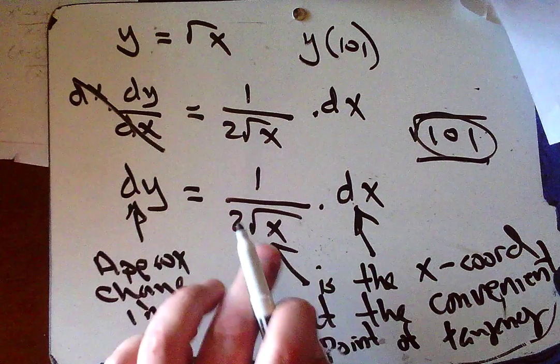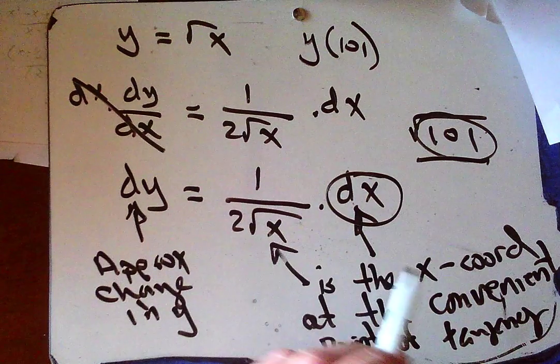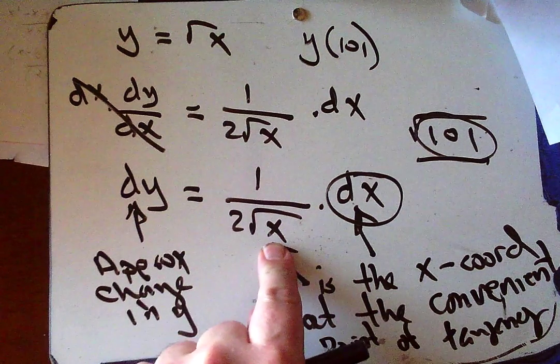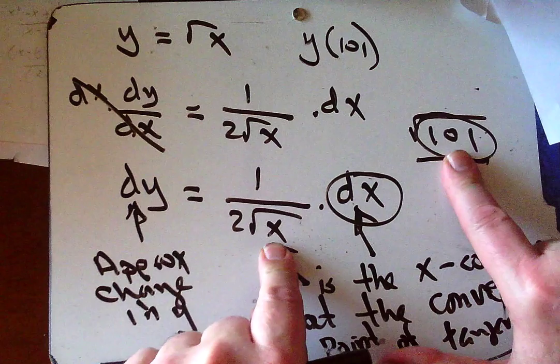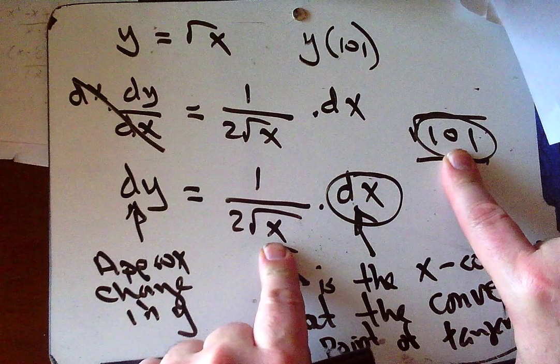So I'm going to plug a 100 in here. And what was that change in x value going from our nearby convenient point, 100, to the place we want to actually evaluate? So as I go from 100 to 101, I get 1. So my dx equals 1. dx equals 1, and x equals 100. So I'm going to plug a 100 in there, and I'm going to plug in 1 here.